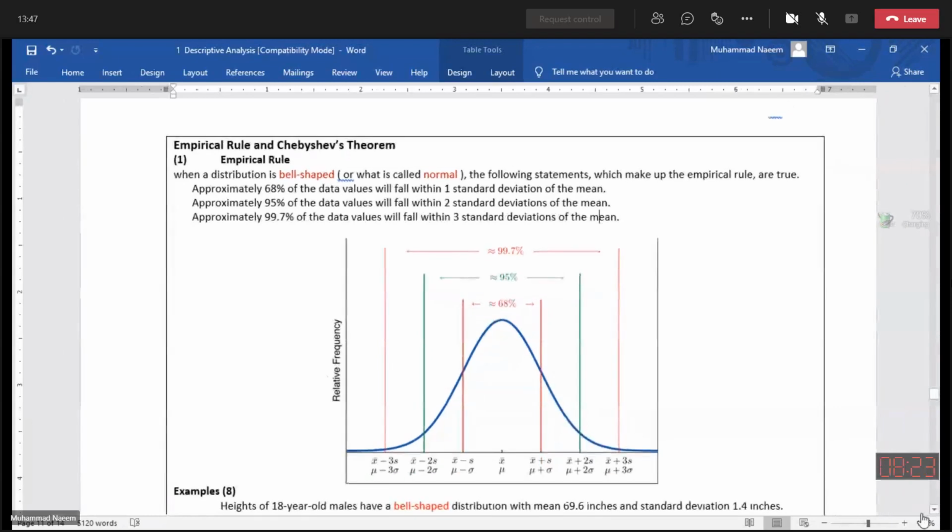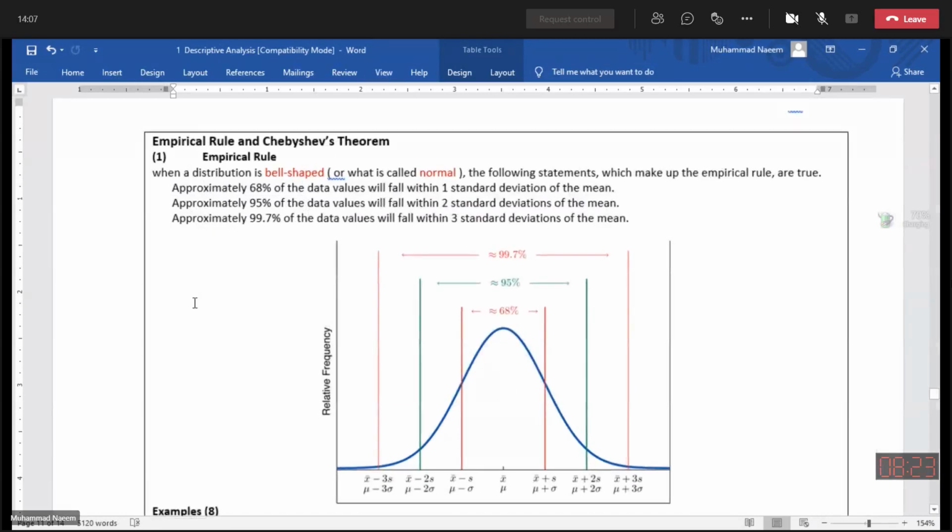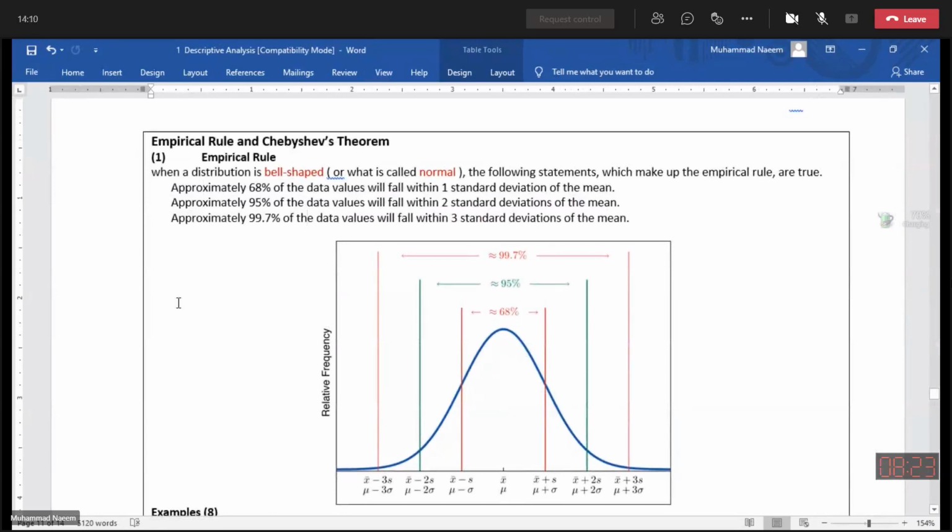Moreover, remember that these intervals contain approximate data, approximately 68%, approximately 95%, approximately 99.7%. So remember, in the case of the empirical rule, we have approximate percentages.